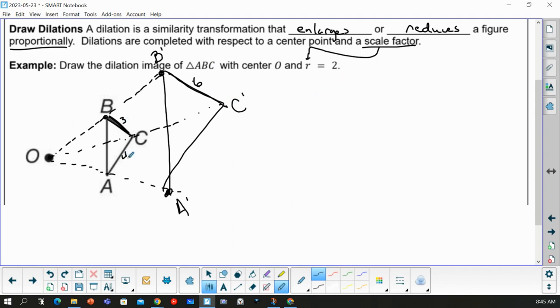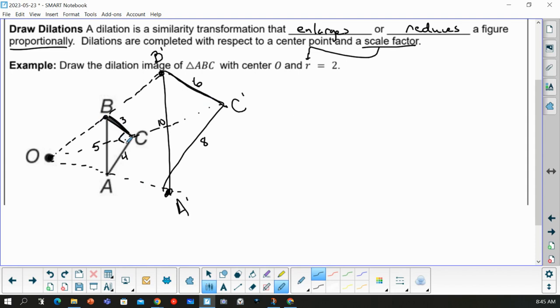If this is 4, this would be 8, right? If this side was 5, this would be 10. So in an enlargement, if it's doubled, one way you could do this dilation, using the scale factor with the center point to show where it's going to be, is that it also doubles all the dimensions except the angles. The angles remain exactly the same.